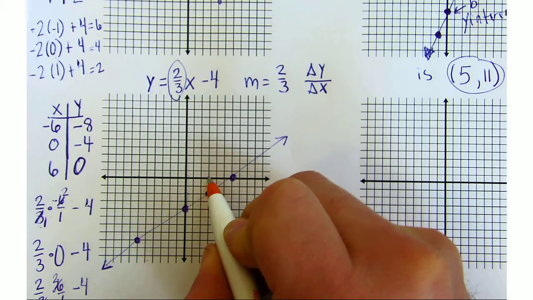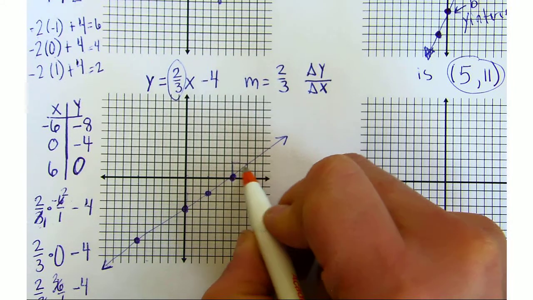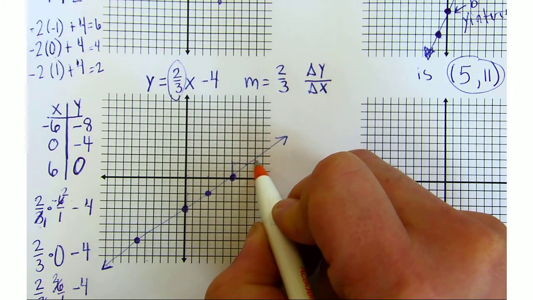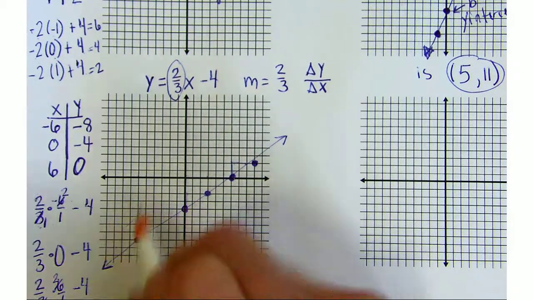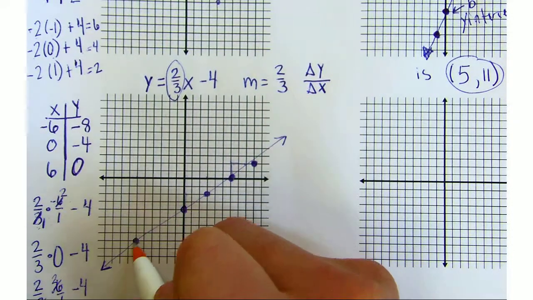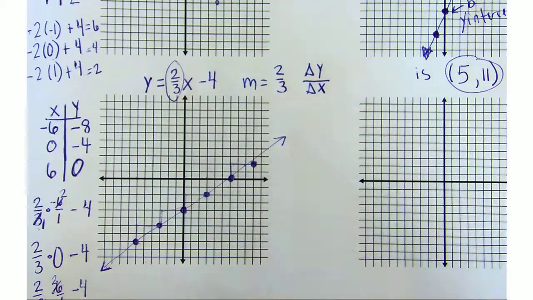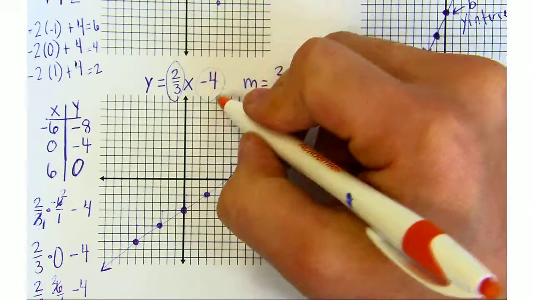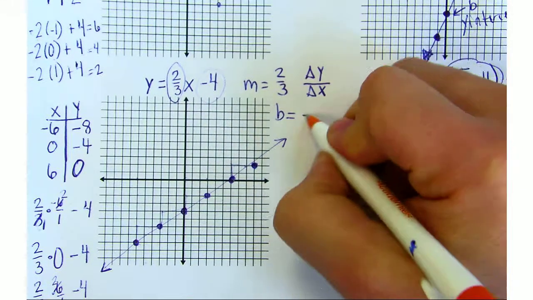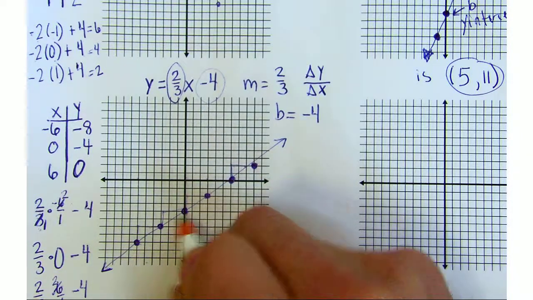If I go to this point, this says change y by 2, up 2, over 3. So that's the slope. It's telling you how the line is changing. Again, this is our b. Our y-intercept is -4, because it crosses at -4 right here. That point (0, -4) is the y-intercept.